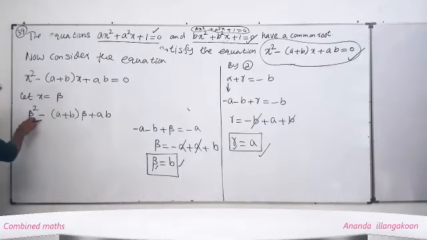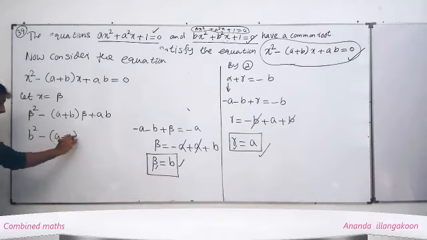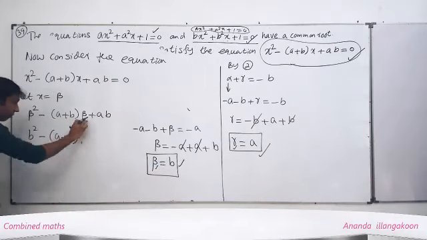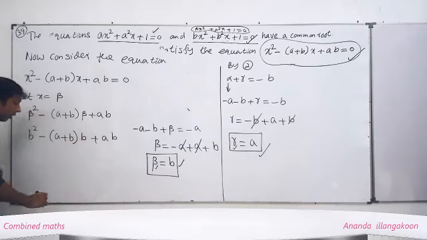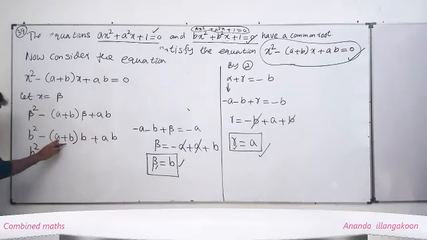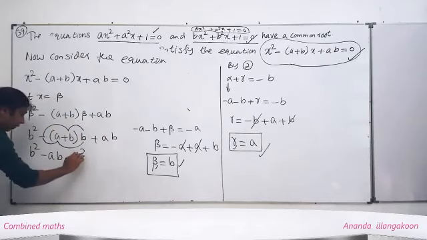Right. Keep it like this. Beta means what, people, here? Beta. Put beta squared here. Minus (a plus b), and this is also beta, plus ab. Now, remove the bracket. Minus a beta, minus b beta. Minus beta squared plus ab.